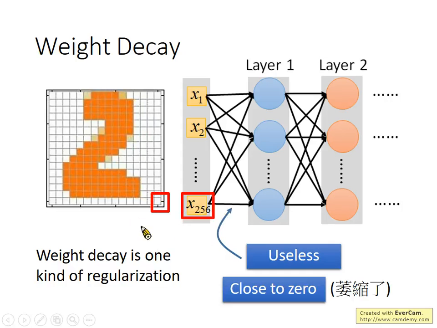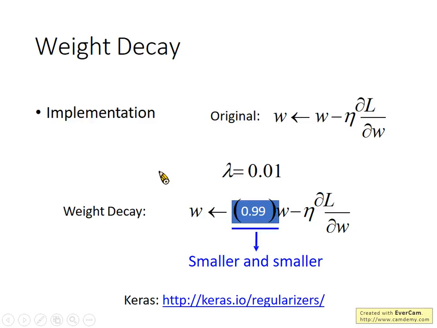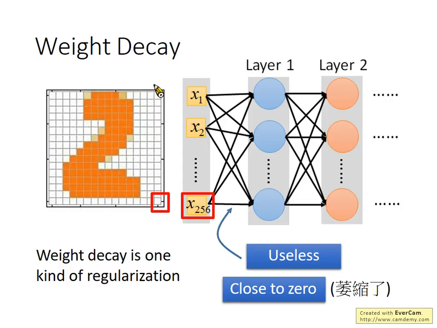Corresponding to image recognition, let us take digit recognition again as the example. For recognizing this digit, how can we implement the idea of weight decay?